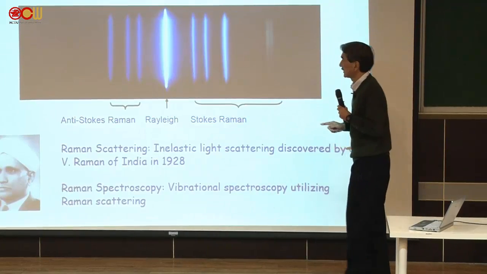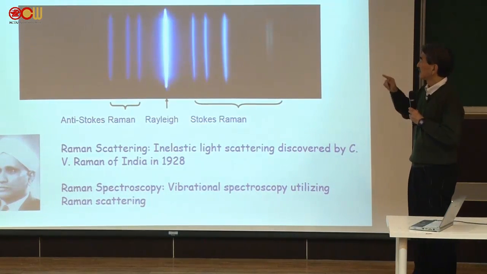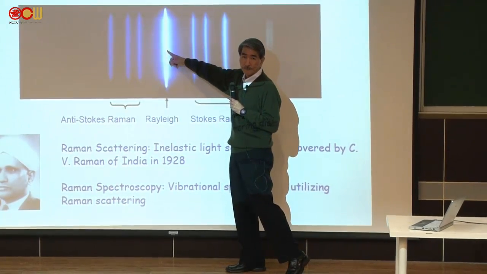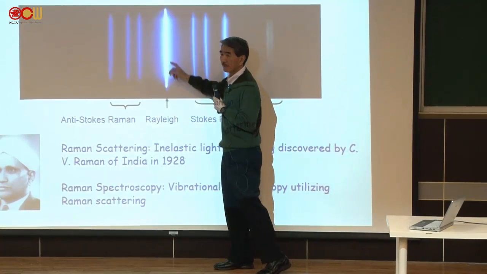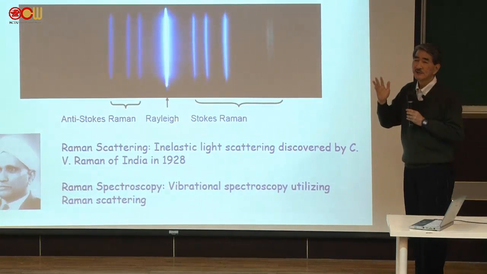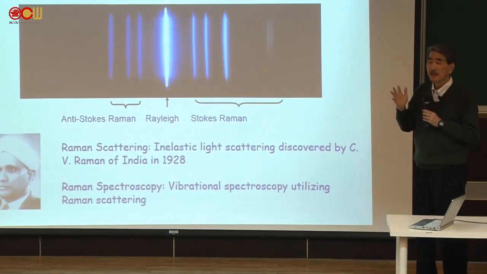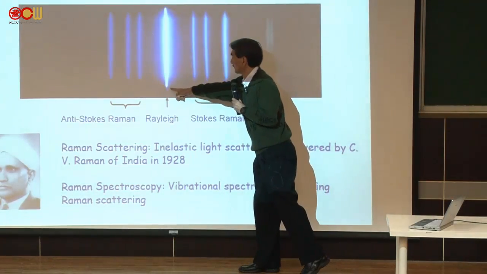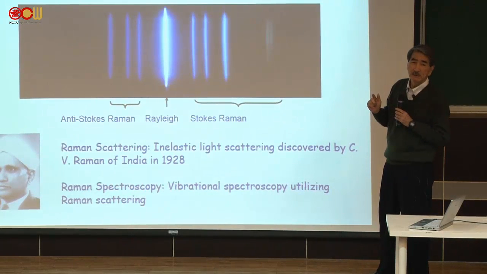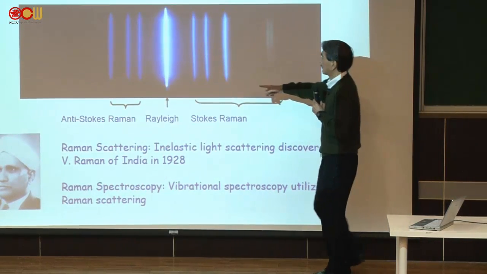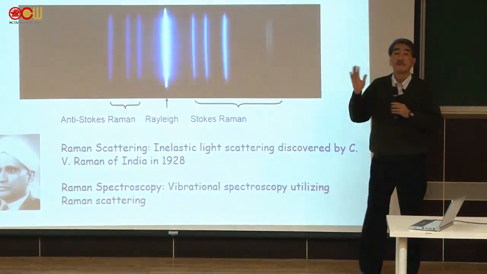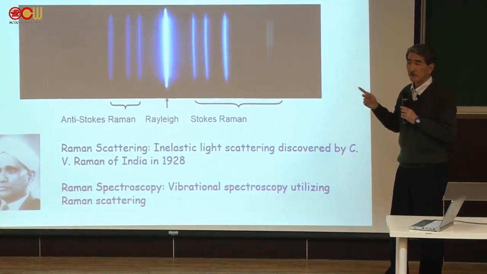So in this particular case, we are shining a laser into carbon tetrachloride, CCl4. And then this strong line comes from the laser itself. So there is no change of the wavelength or the frequency for this line, which is called Rayleigh scattering. But in addition to that very strong Rayleigh scattering, you have Raman scattering, for which the wavelengths are different, shifted from the original one.